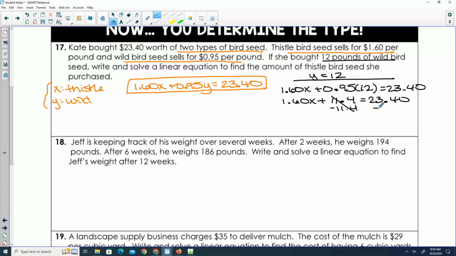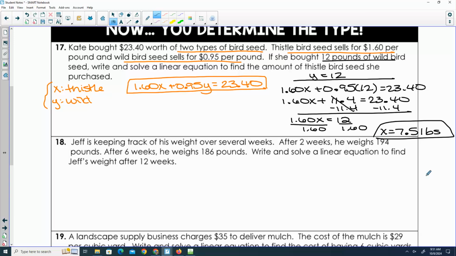We subtract the 11.4 over, we get 12 divided by the 1.60, and we get 7.5. And that was our pounds. So we bought 7.5 pounds of the thistle bird seed.